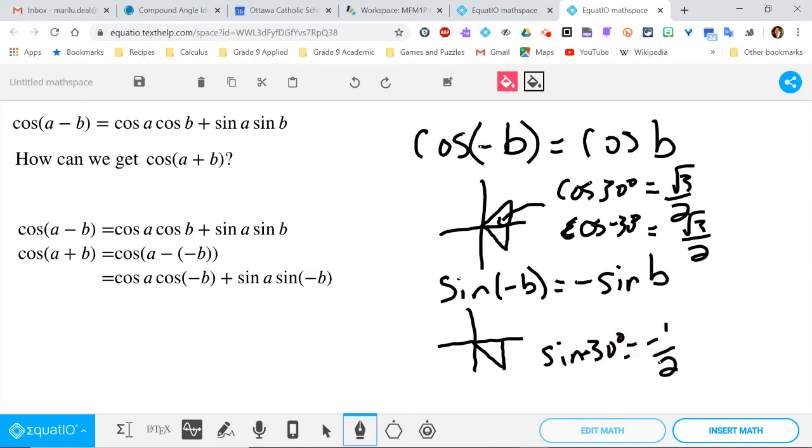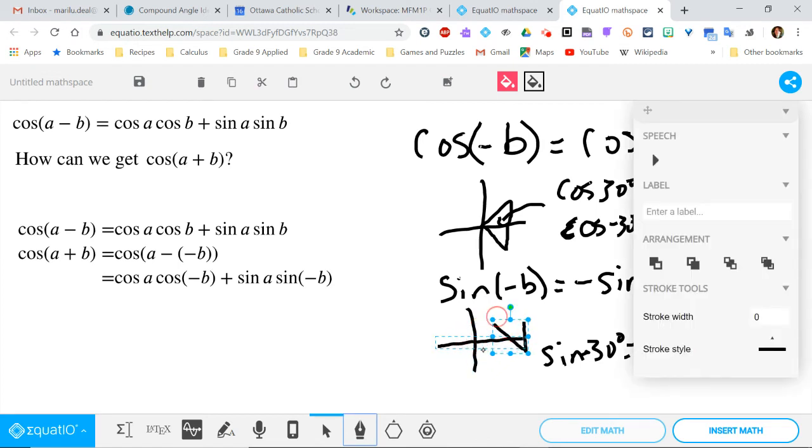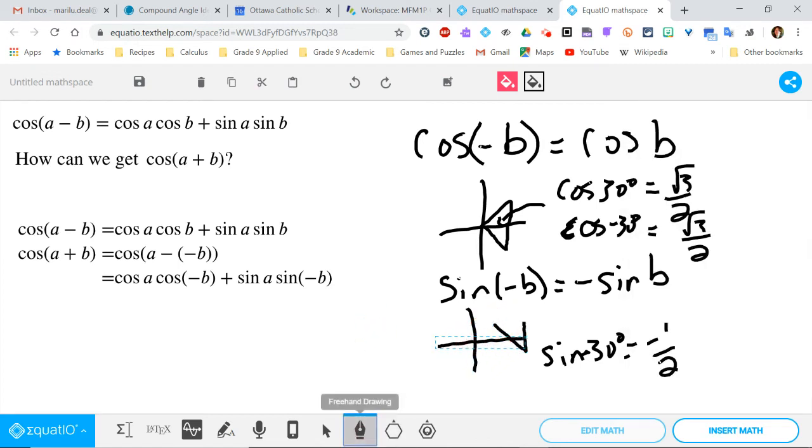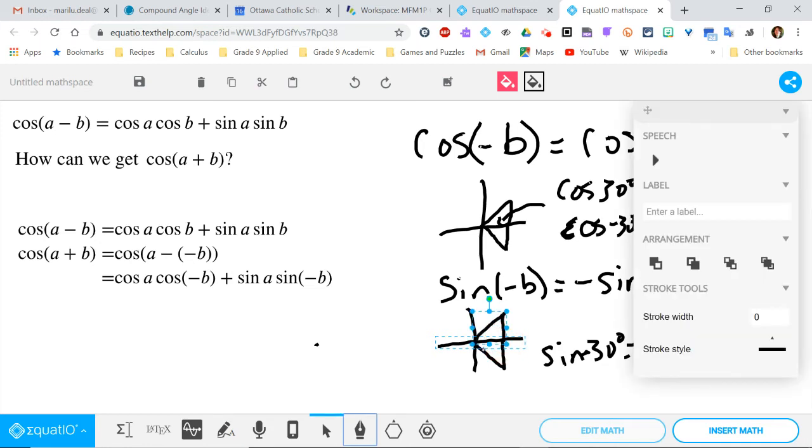And if I look at positive 30 degrees, I would have negative sine of 30 degrees equals negative 1/2.